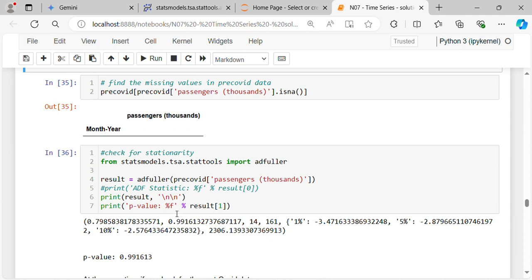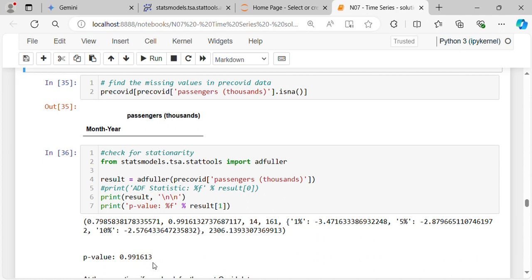In place of percentage f, we will have the result, percentage result, and then square bracket 1.